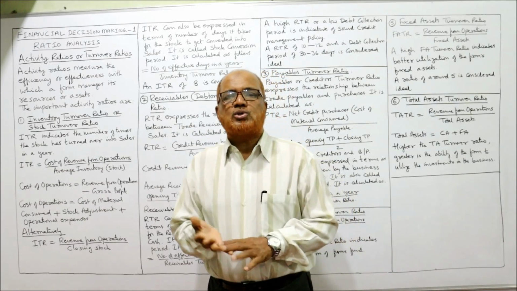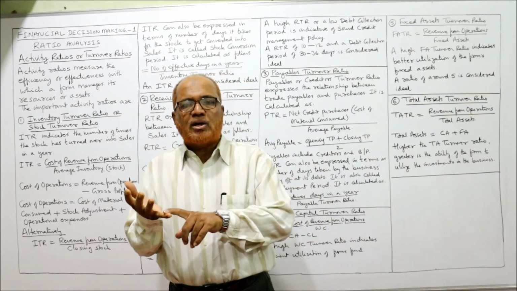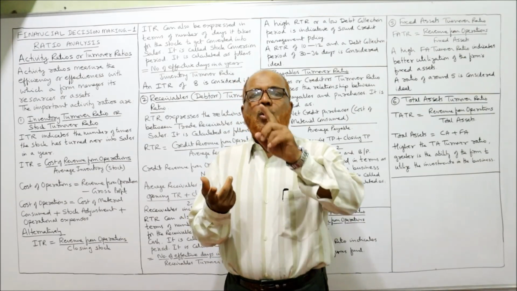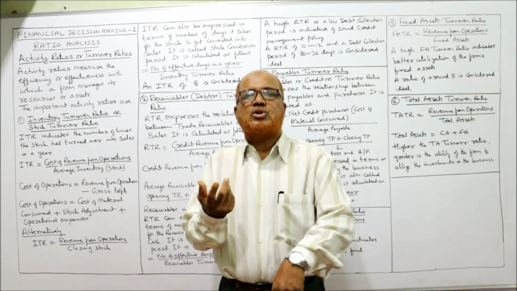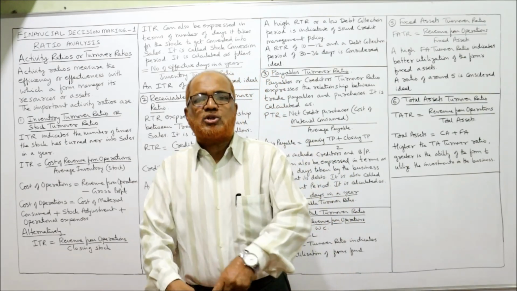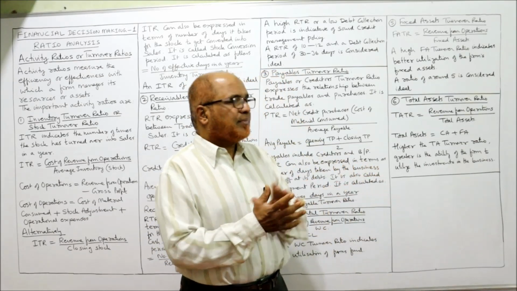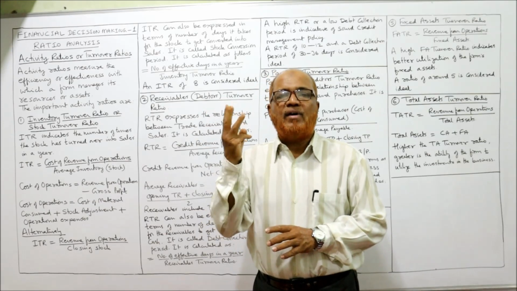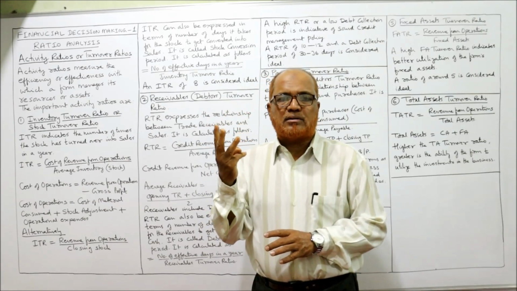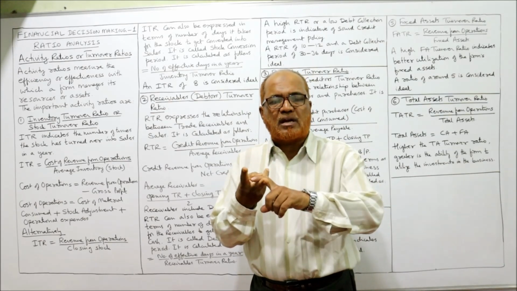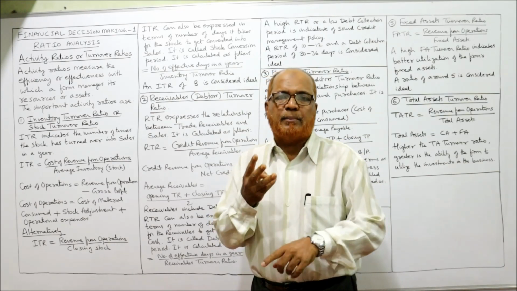The important ratios are inventory turnover ratio, receivables turnover ratio, payables turnover ratio, working capital turnover ratio, fixed assets turnover ratio, and total assets turnover ratio. Among these six, the first three are very important: inventory turnover, receivables turnover, and payables turnover.